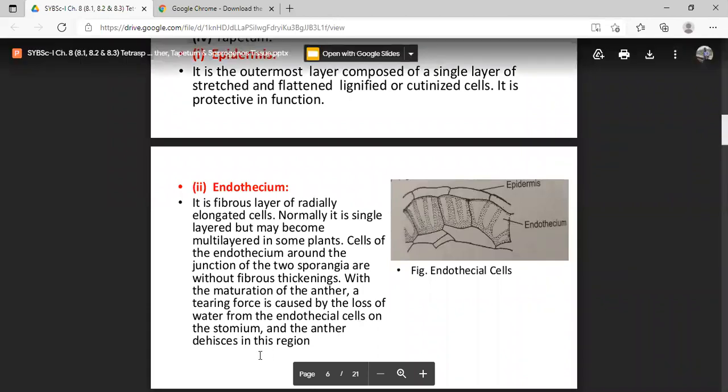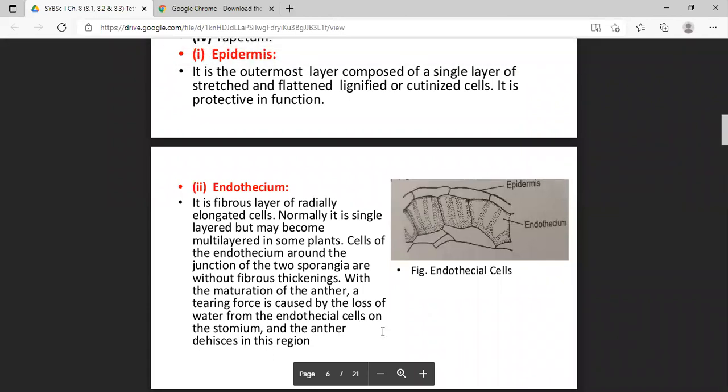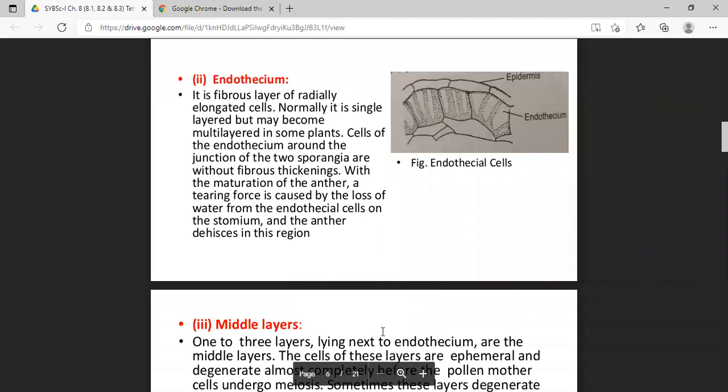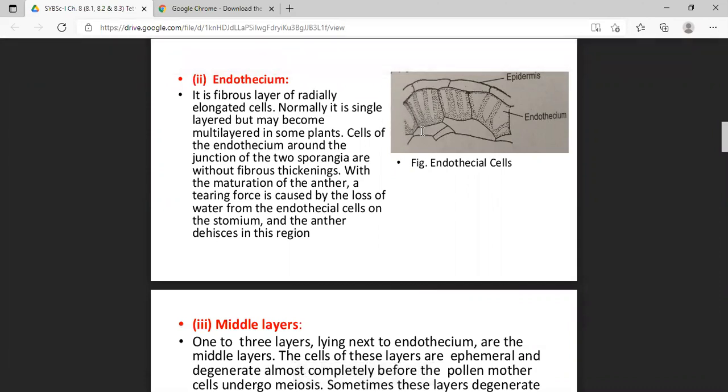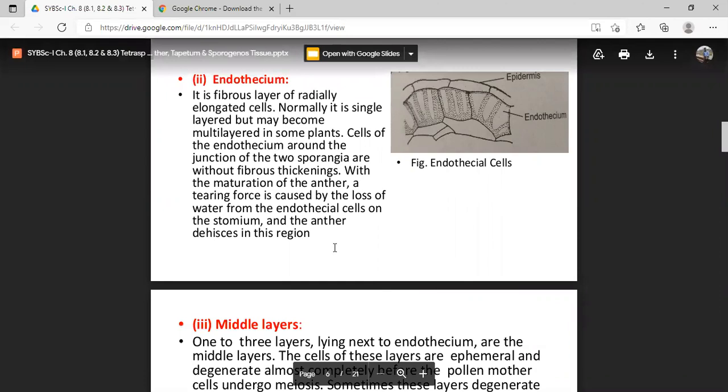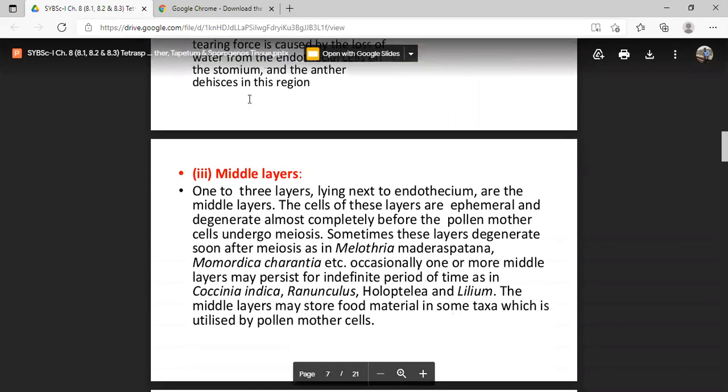So what happens? It is flexible and has water content, but after maturity, this water is lost, and there is a breakdown of the endothecium, and then the dehiscence of the sporangium takes place. Next is the middle layer.